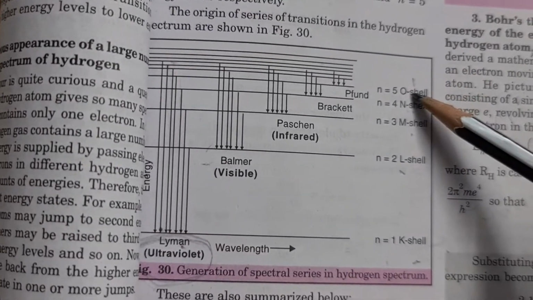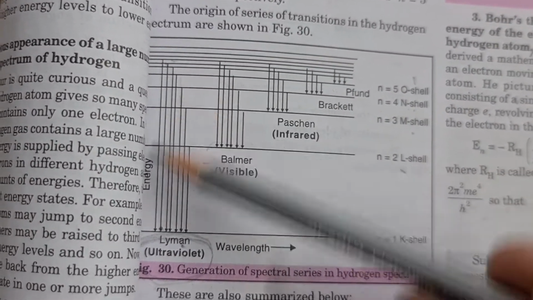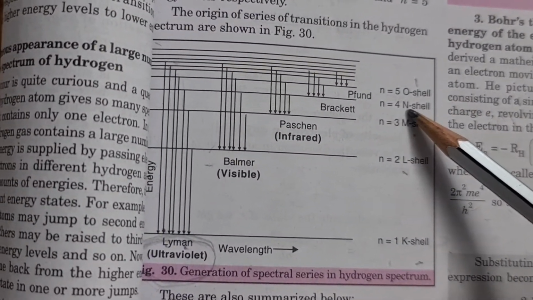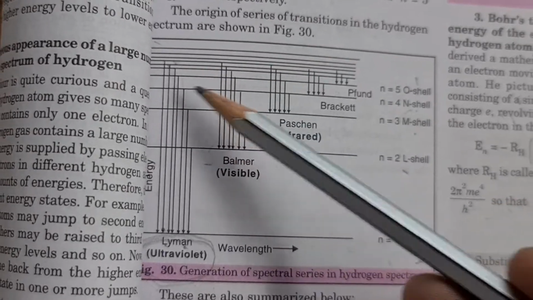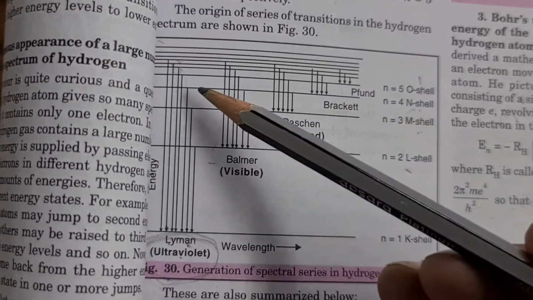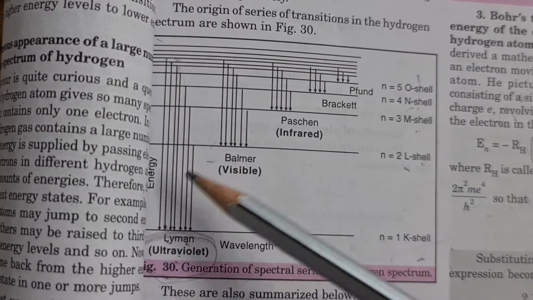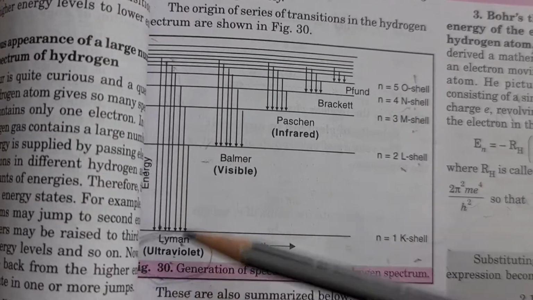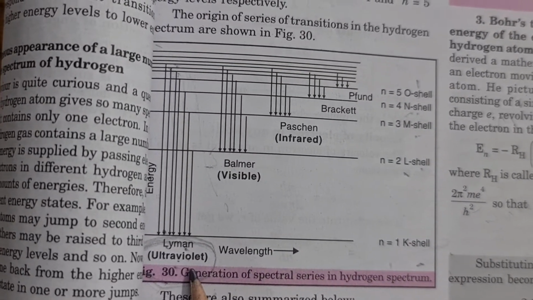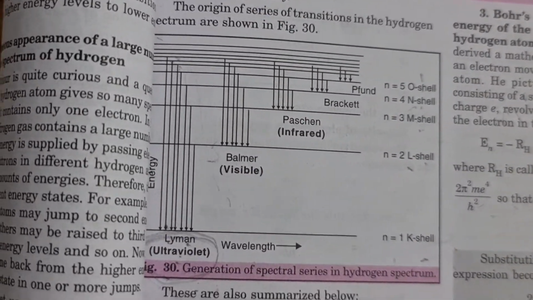See, in the first case it jumps back to K shell from O. The next one jumps from N to K, the next from M to K, and in the last one it jumps from L to K. The lines which we obtain are known as Lyman series.